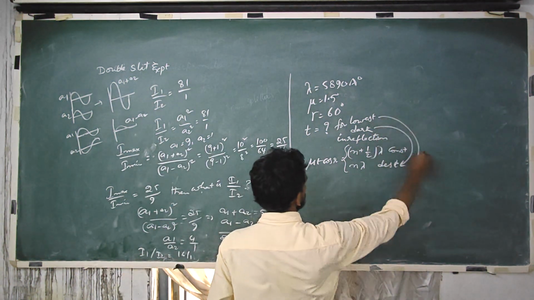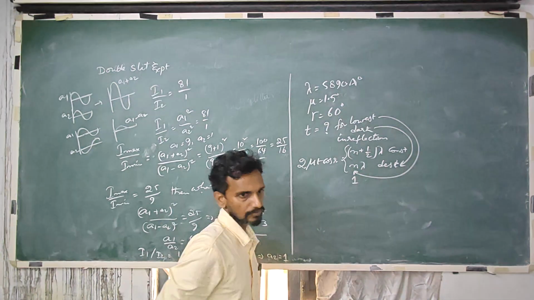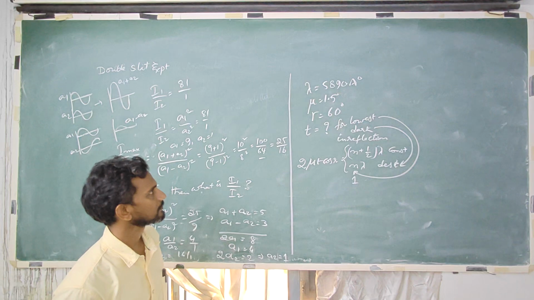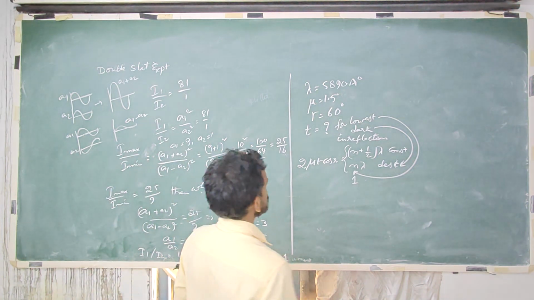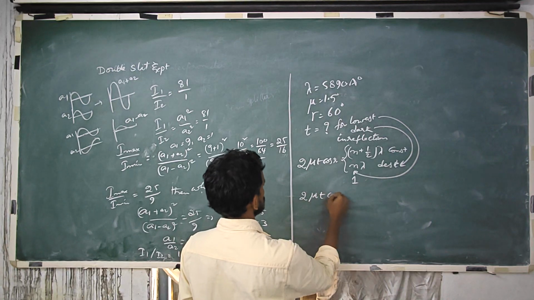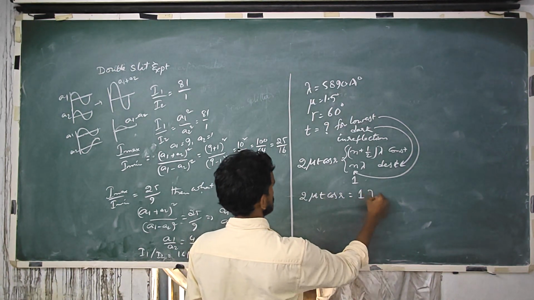Since it says lowest, n is equal to 1, least possible. So 2 mu t cos r is equal to 1 lambda.